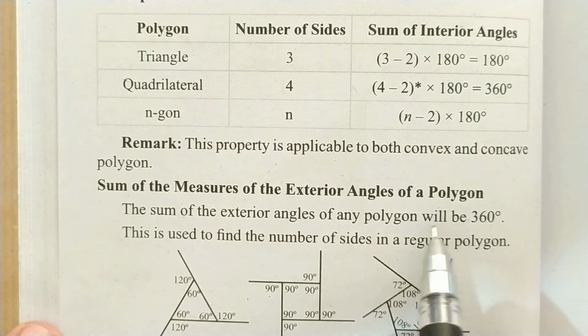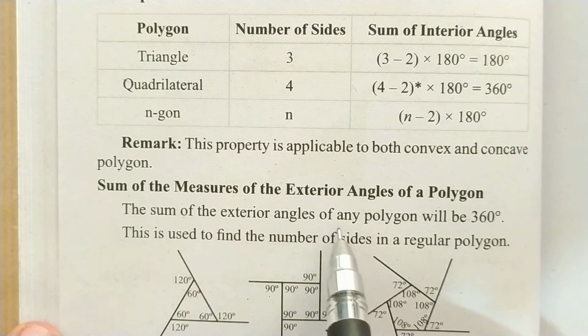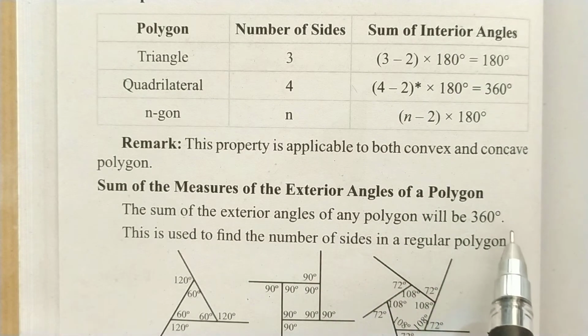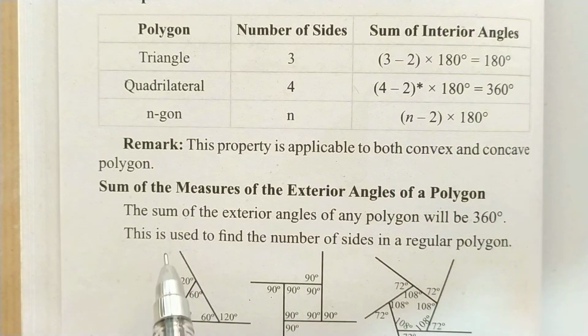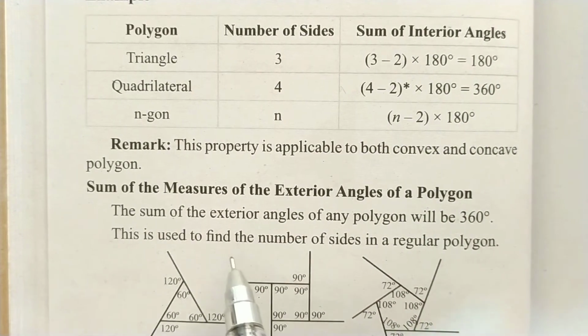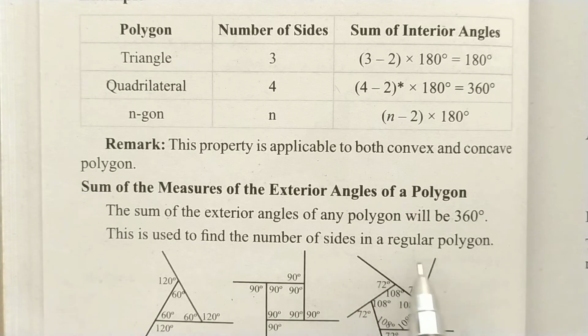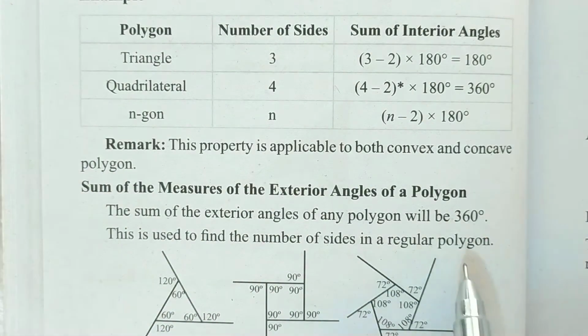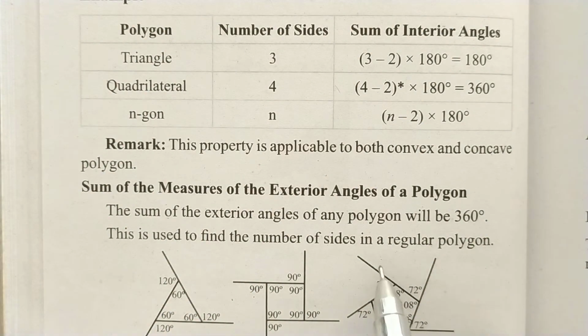You have to keep this in your mind. This is used to find the number of sides in a regular polygon. How many sides there are, that we can find.